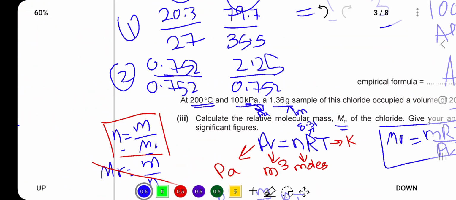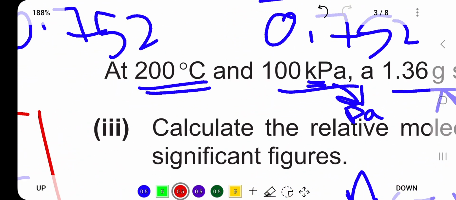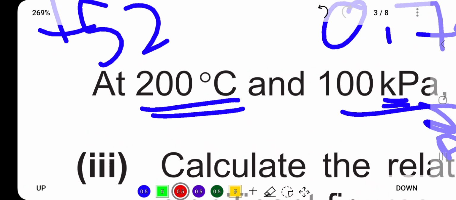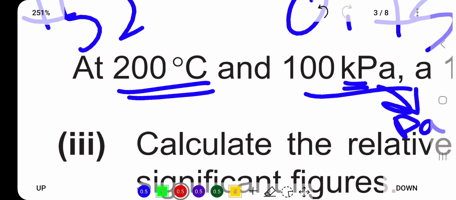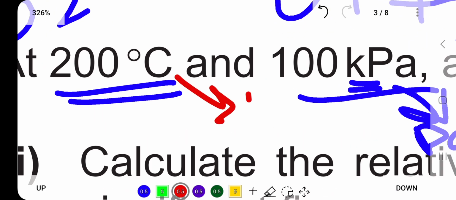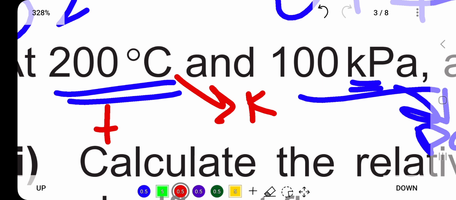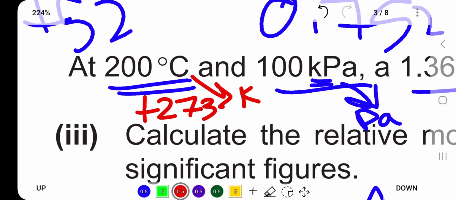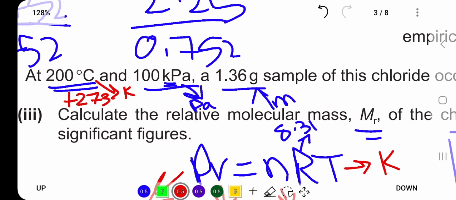Now it was given in centigrade, so if you want to change centigrade, I know I'm saying it very wrong, but who cares, into Kelvin, as Kelvin is the unit that we want, you need to add 273, which gives 473.